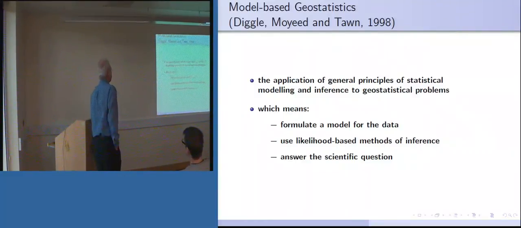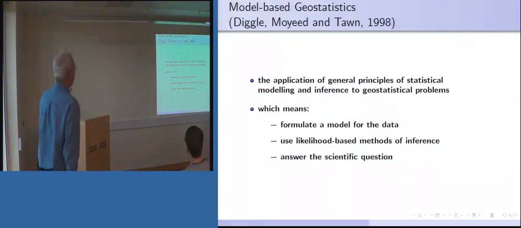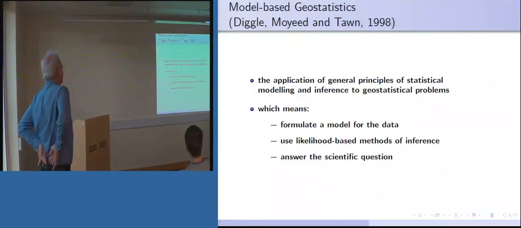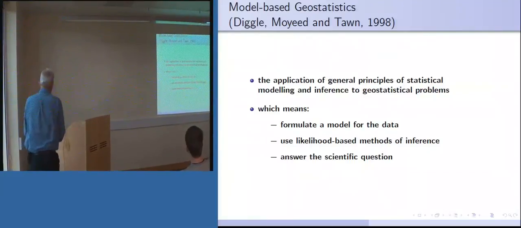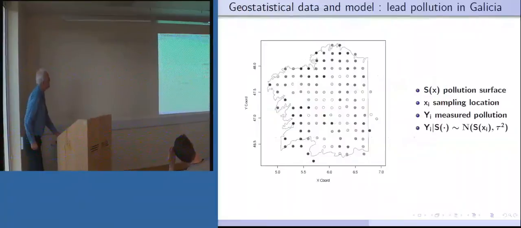What we meant by that was that you just do the classical thing in statistics. You formulate a model, you use likelihood-based methods of inference because we know that the likelihood is the thing, and we use that to answer the scientific question. So that was what we advocated in that 1998 paper.